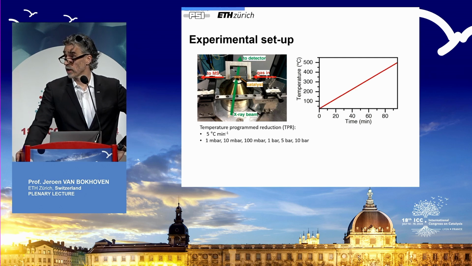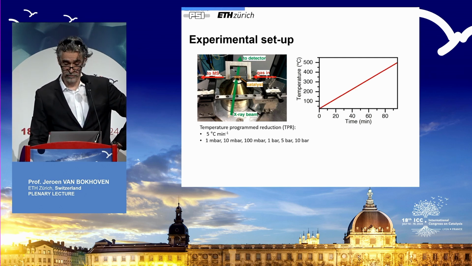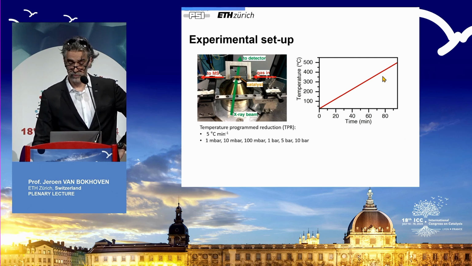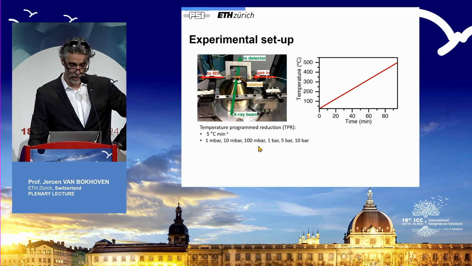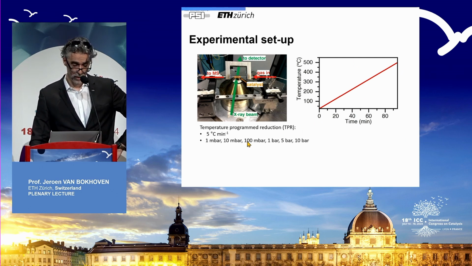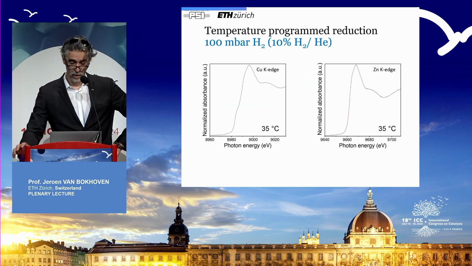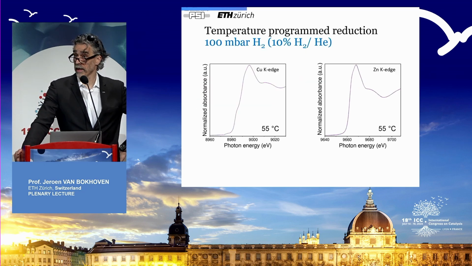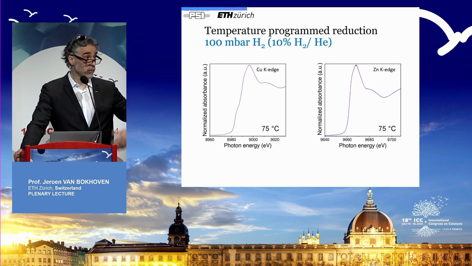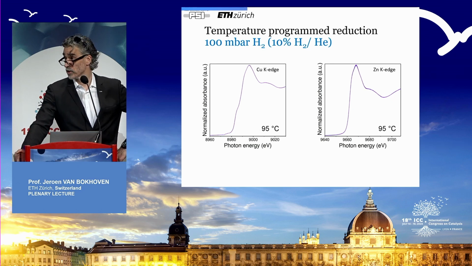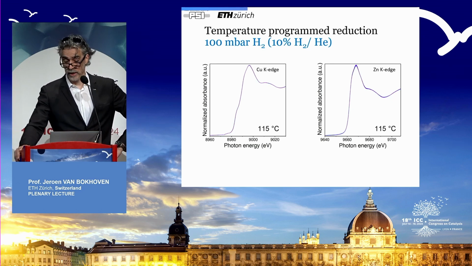So this experiment is relatively simple. As a function of time, we have a heating ramp of 5 degrees per minute at different pressures, and we measure the copper and the zinc oxide structures. On the left is the copper K edge, so we're measuring while we're heating the sample, and on the right side is the zinc K edge, and they are measured virtually at the same time.